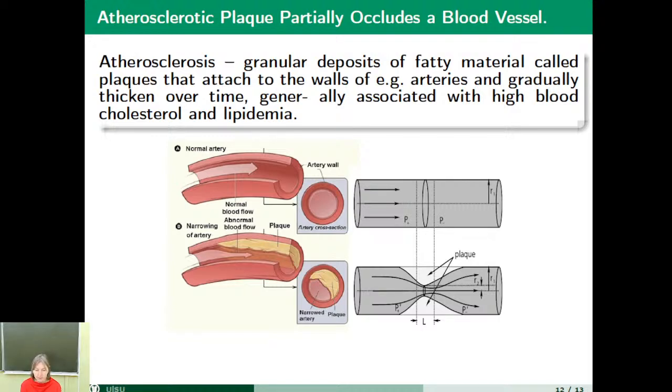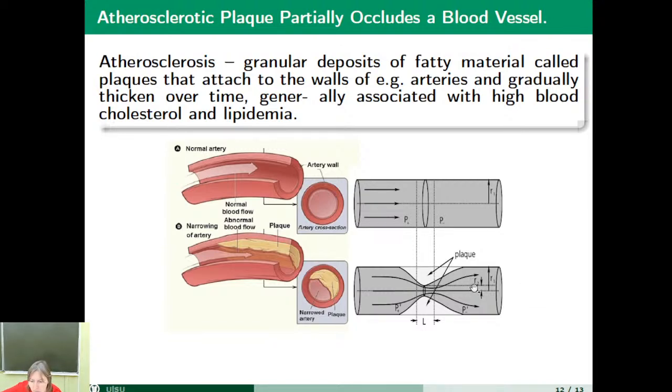And artery B has a significant deposit of atherosclerotic plaques that have coated the walls and reduce the effective radius of the vessel to R2.